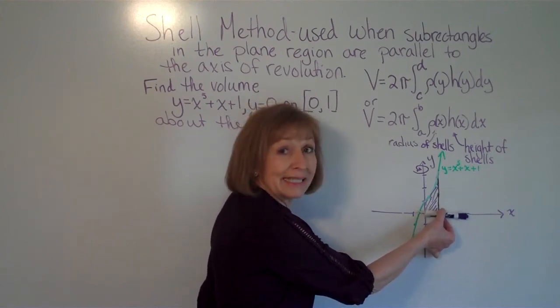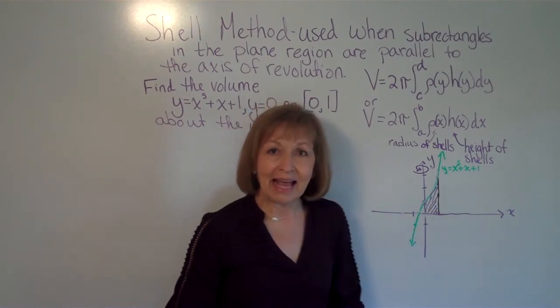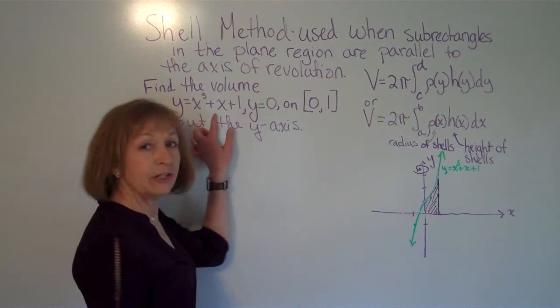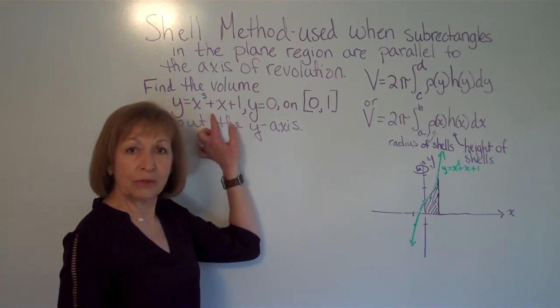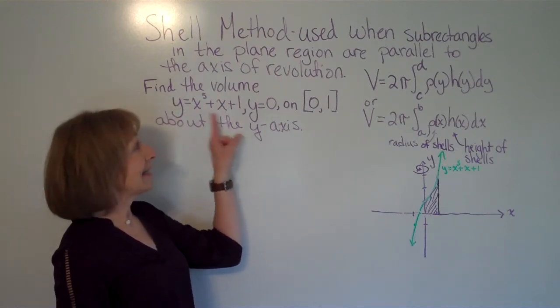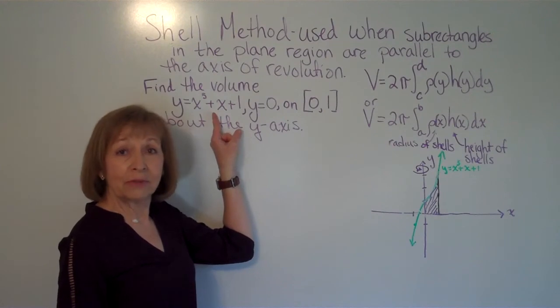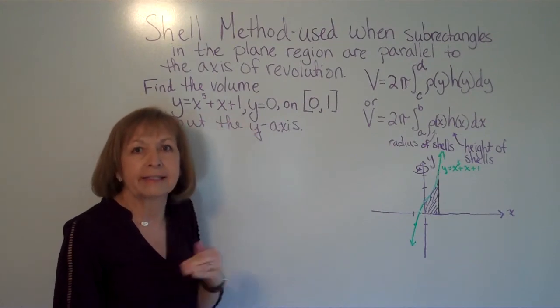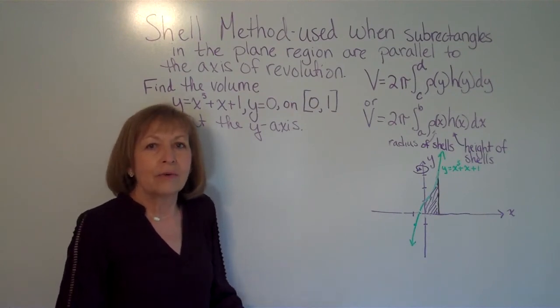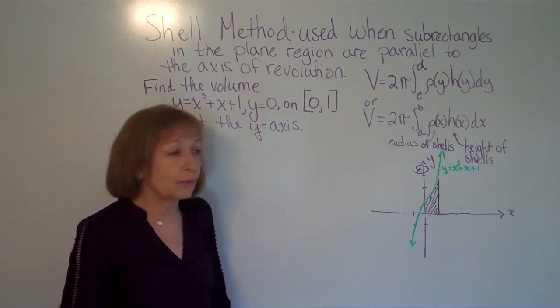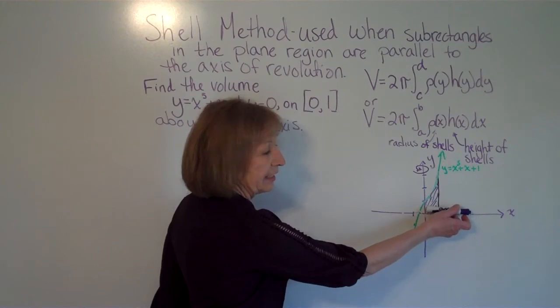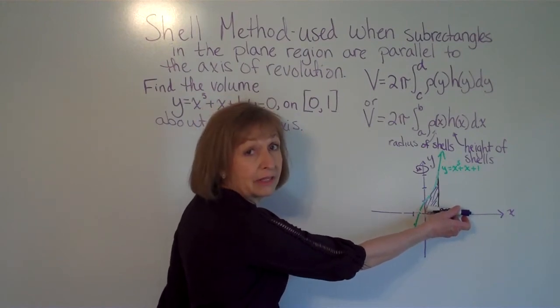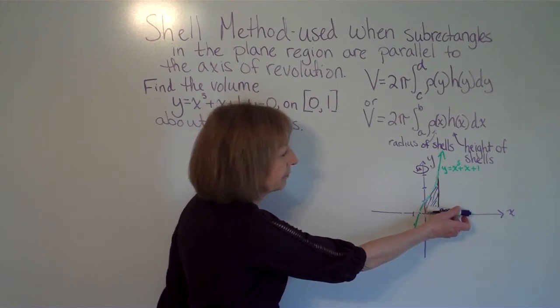Now if I set up and did this dy, then I would have to have my equation as x equal to an expression in y. And y equals x to the fifth plus x plus 1 is almost impossible to solve for x in terms of y. So it's not advantageous to run my subrectangles perpendicular to the axis of revolution for this particular problem.